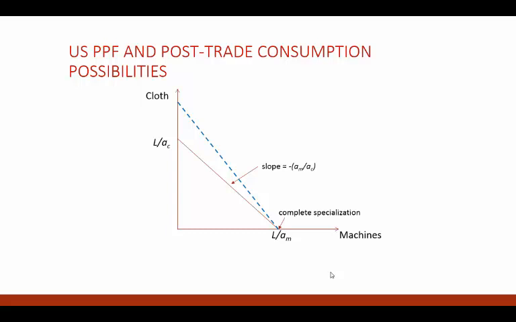So the consumption possibilities line post-trade pivots out from the horizontal plane where machines are produced and becomes steeper, reflecting the fact that the relative price of machines PM over PC is now higher than the opportunity cost of machines AM over AC. Consumption beyond the PPF, which is unattainable by production under autarky, is now feasible through trade.